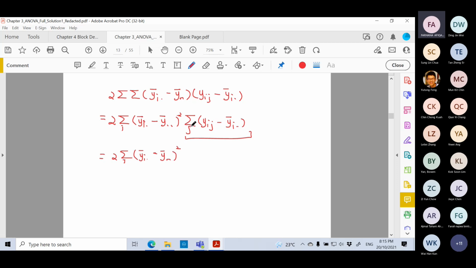Okay, so for this one, your summation of j here, if you sum this one, then you get the yi dot. Because you sum it along all the j, then you get the yi dot. Minus away, you sum over j, then you get the value here.